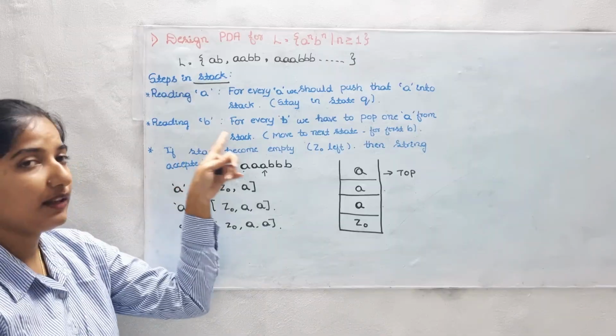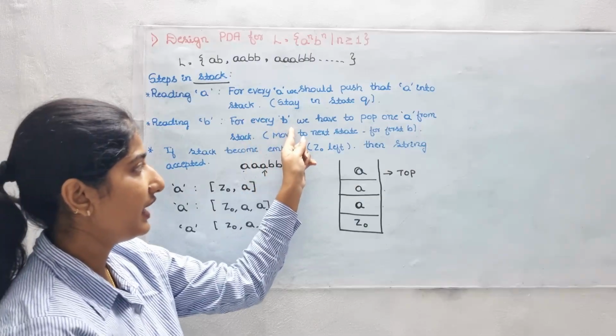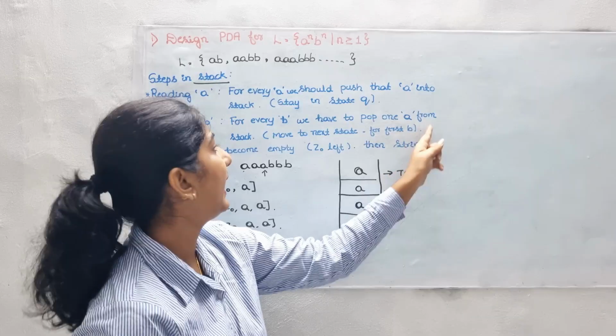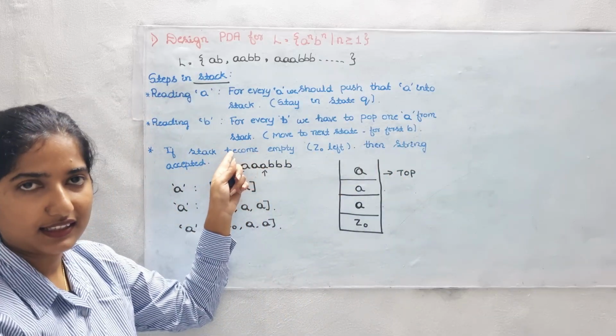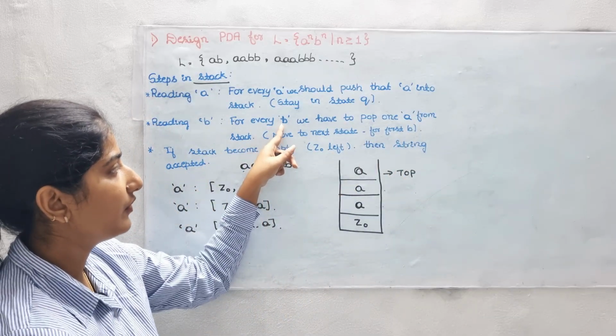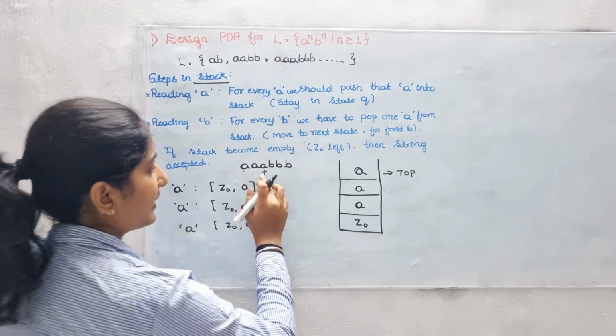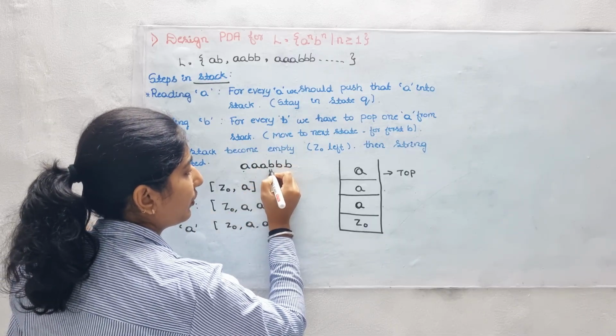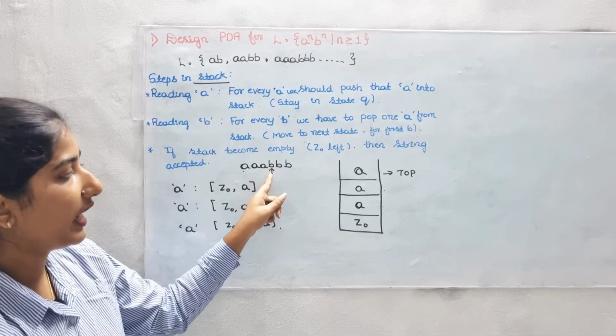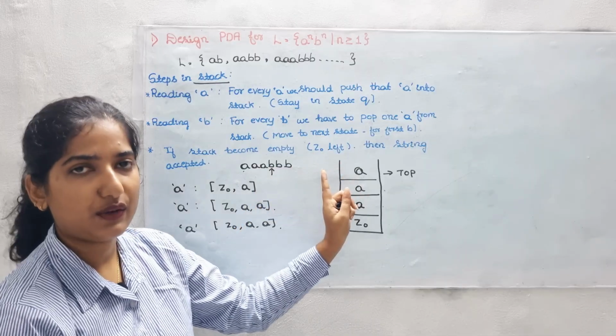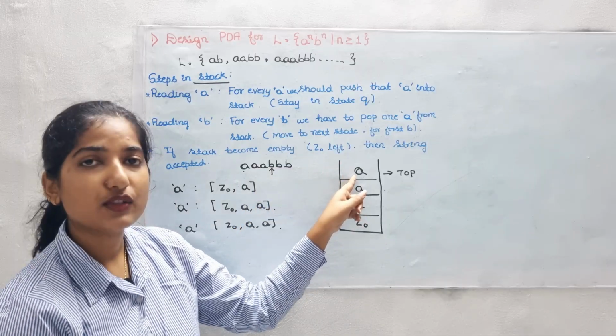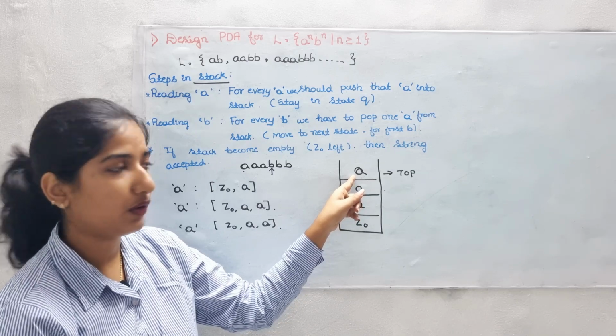And then reading b. For every b, we have to pop one a from the stack. Remember this one? For every b, I got the first b. So the pointer will move to the b. For every b, we have to remove one a from the stack. That a should be at the top of the stack only.